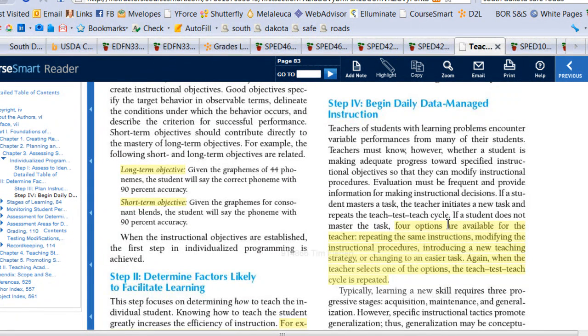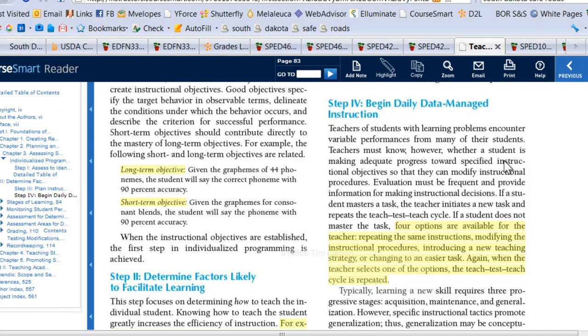Remember on the last lecture I said there's 3 things that, if a student's not progressing, well, one could be on the IEP that your goal's too high, that they don't have the ability to attain the skill that you're teaching. The second one is your instructional methods. And the third may be motivation.